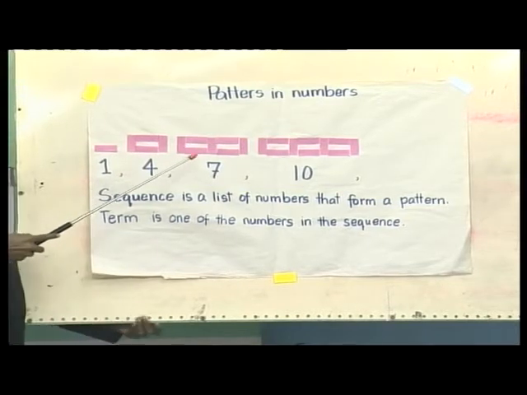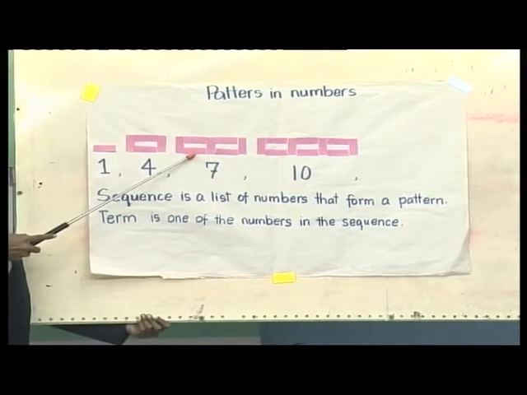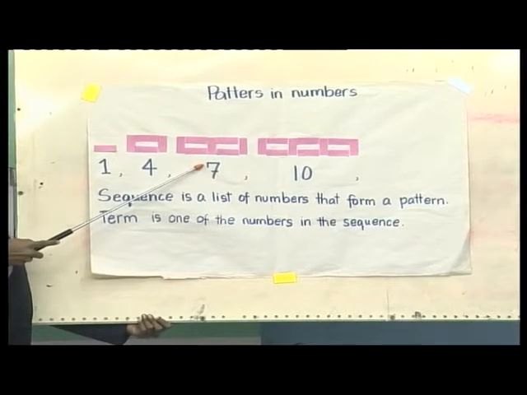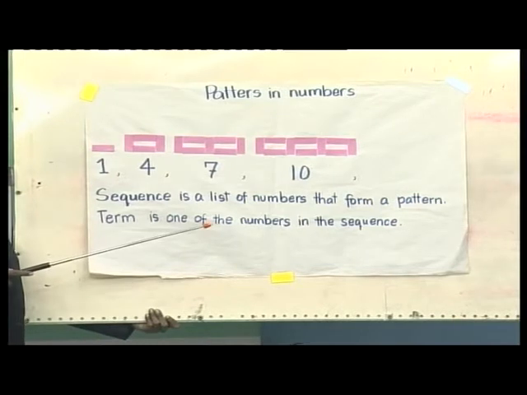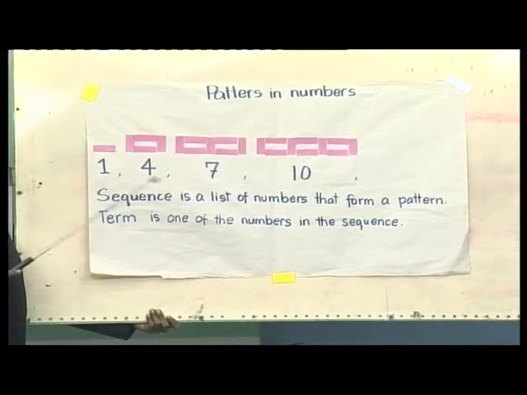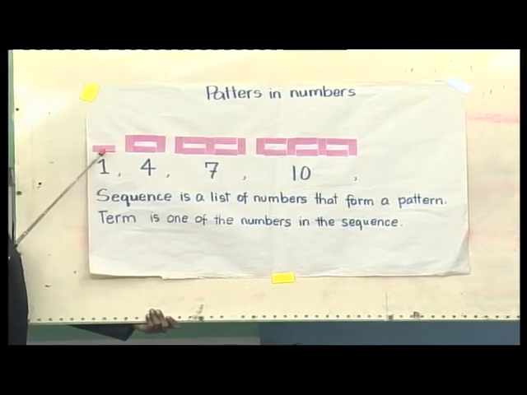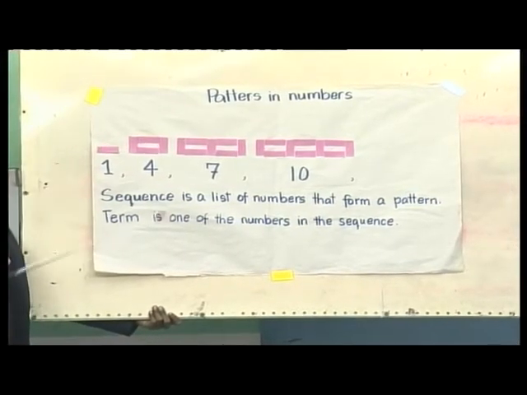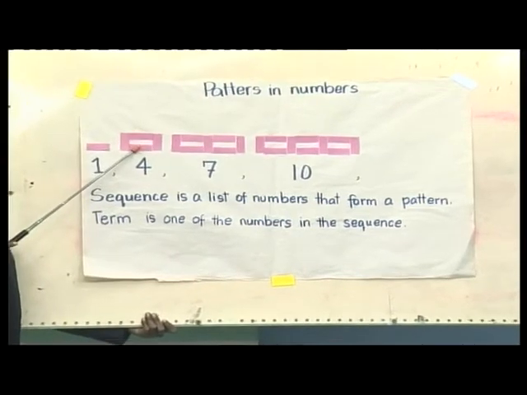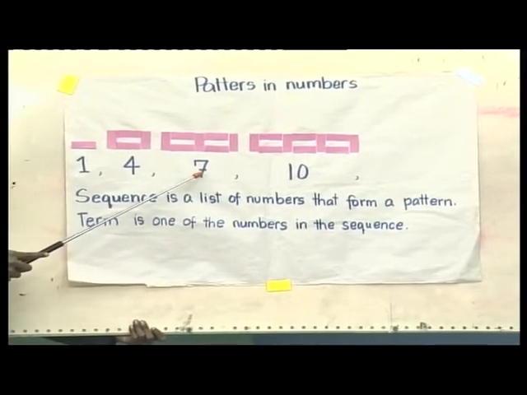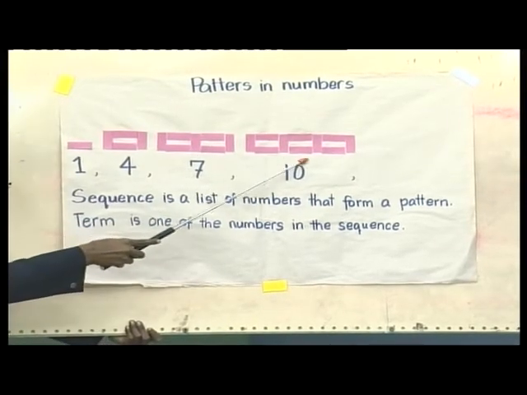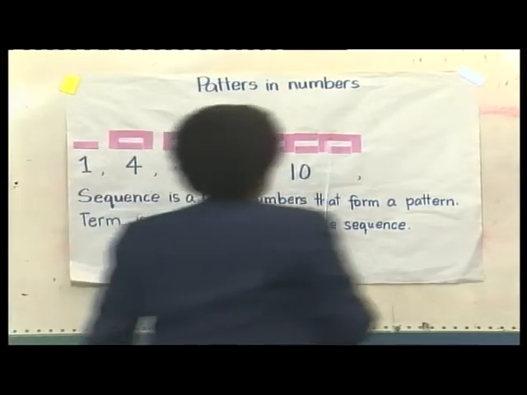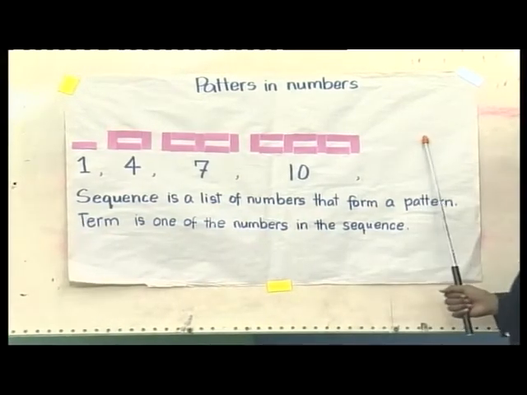And then how many strips did I use to make 2 squares? 7. How many strips did I use to make 3 squares? 10. Can you see the pattern in here? So 1 represents 1 strip, 4 represents 4 strips, 7 represents 7 strips to make 2 squares. Okay, who can tell me how many strips will I use to make 4 squares?